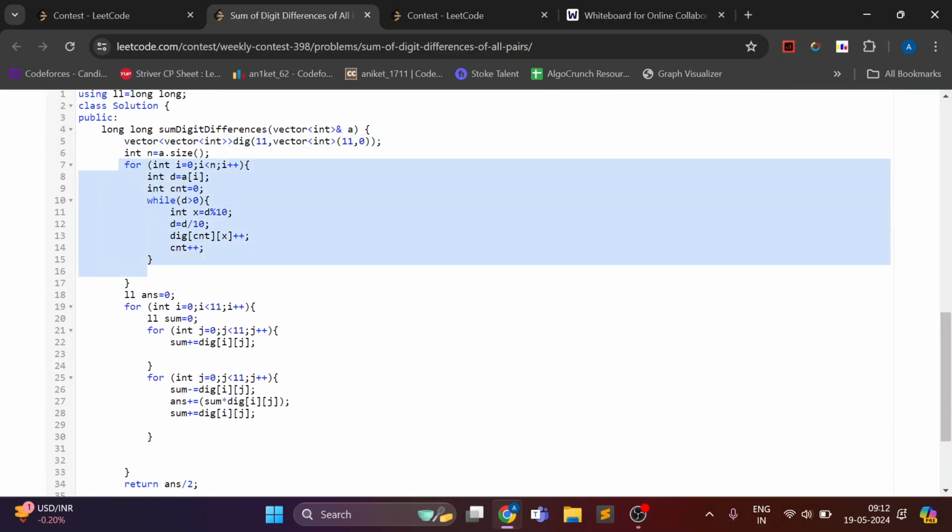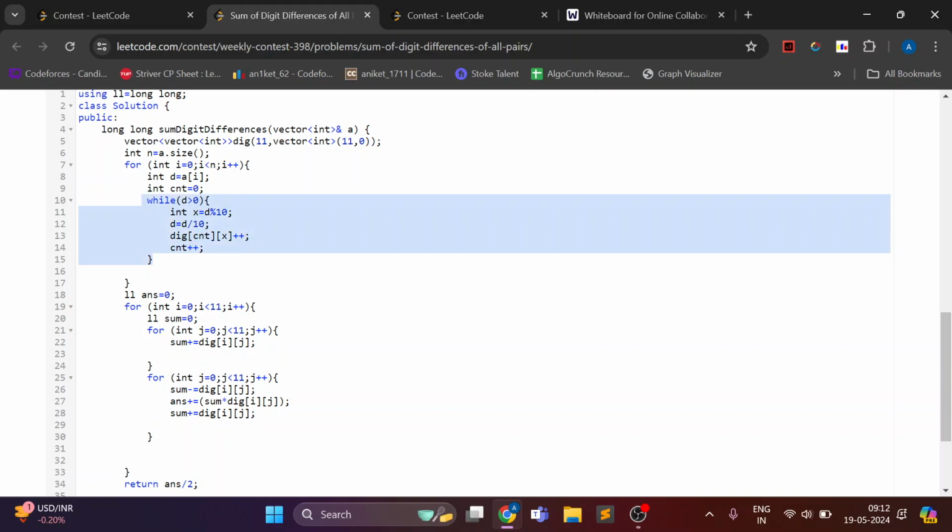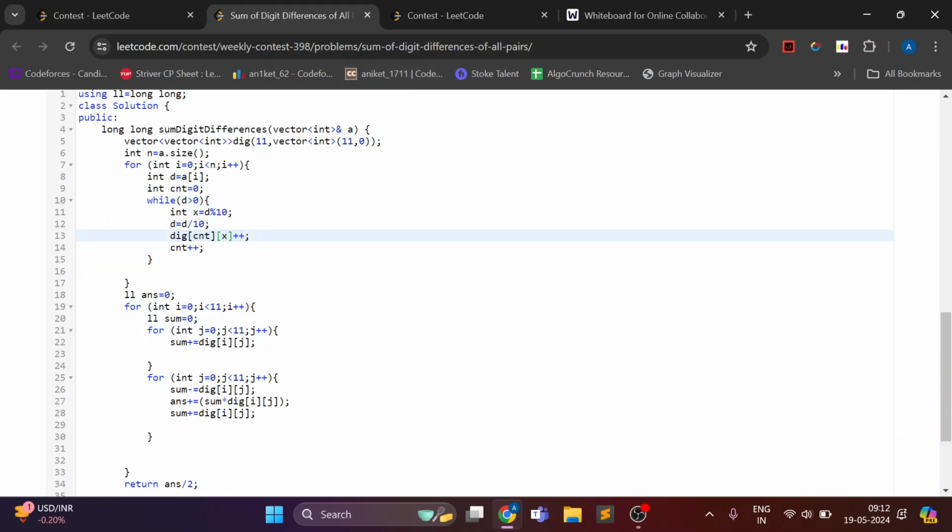So what I'm doing is I'm iterating over n, and I'm taking d as a[i] and starting the counter. Now while d is greater than 0, I'm taking the mod, so the last digit of the current element, and dividing d by 10, d equal to d by 10. This is the basic implementation of finding the digits of a number. Now the first rightmost digit will be the unit place.